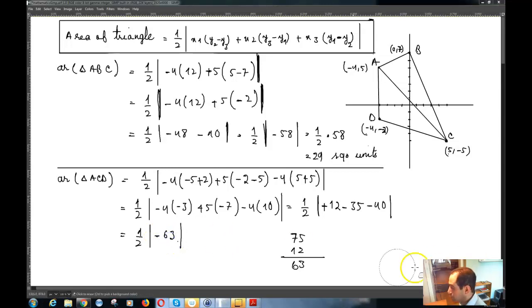That was the mistake that I was making. I was calculating this wrong, and I did that many times, 3 times I suppose. Okay, so that's 63 halves square units.